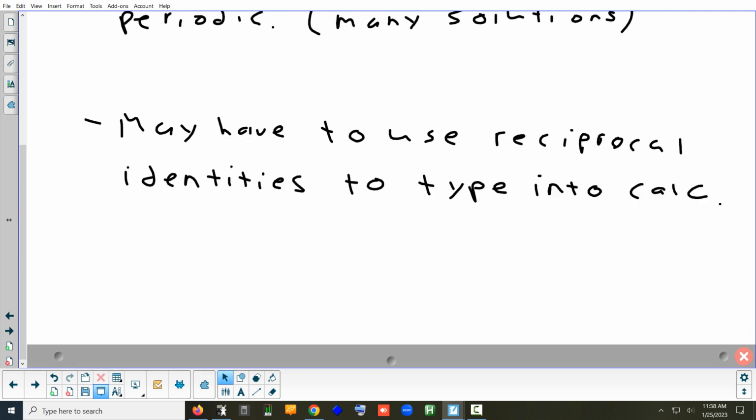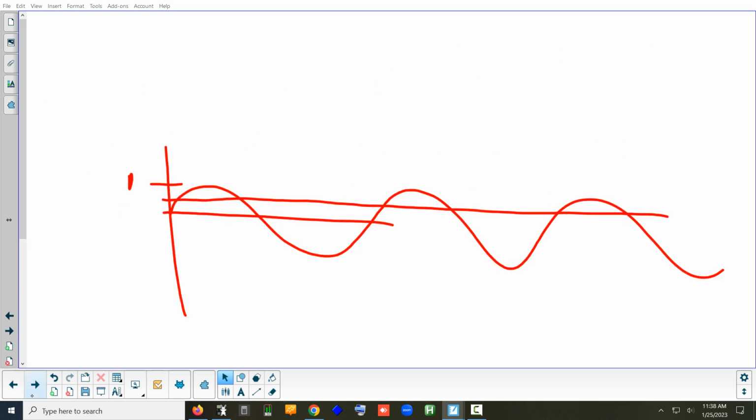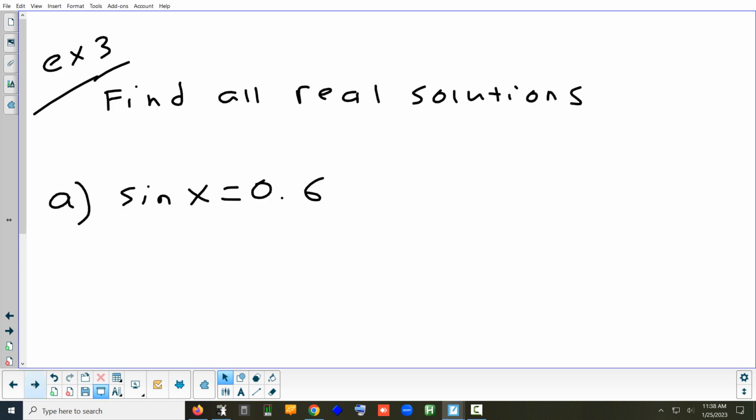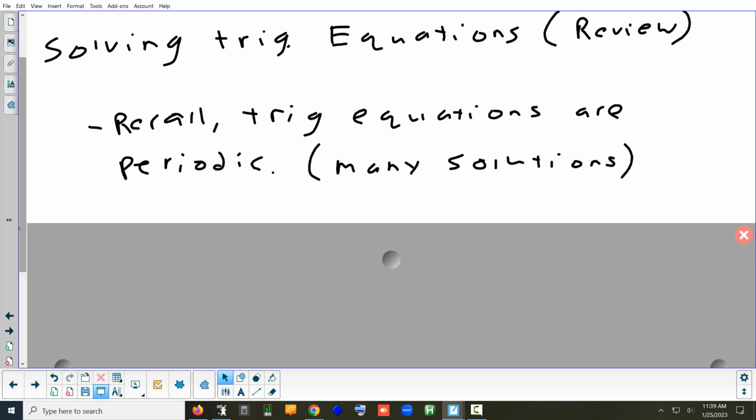Can you just add 360? Yep, so when you write the answer, you have to put plus the period times n. You have to put that on the end of your answer to represent it repeating, for all of these, unless it specifically says to only find answers within a certain section. But if it says all, then you need to put plus the period times n. Are we going to do that one right now? Not right now, but yes.